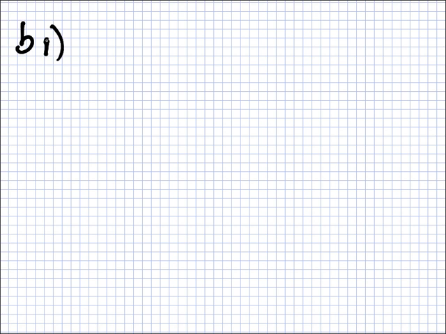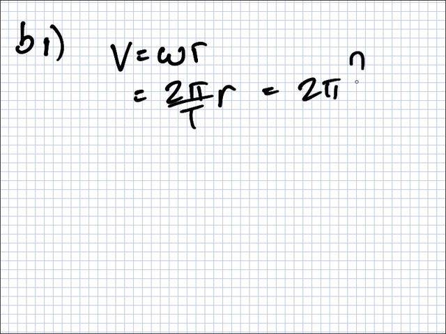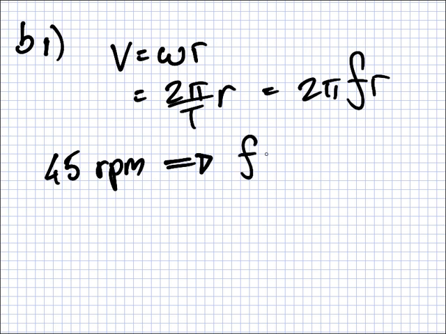Right, a vinyl record player plays records at a rate of 45 revolutions per minute. What is the velocity of a piece of dust on the outer edge? So you have V equals omega R. Omega is 2 pi over T, so that's 2 pi F R. You're told it's 45 revolutions per minute, but we want it per second.